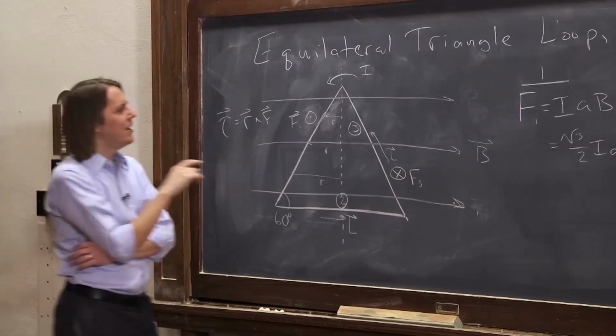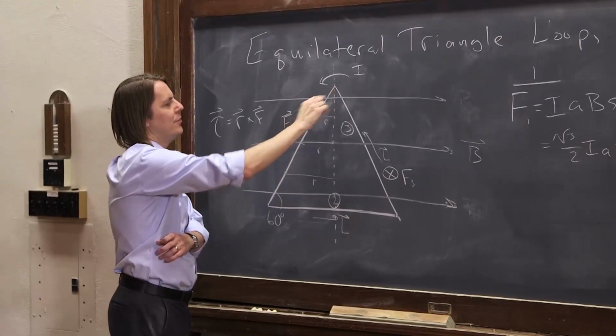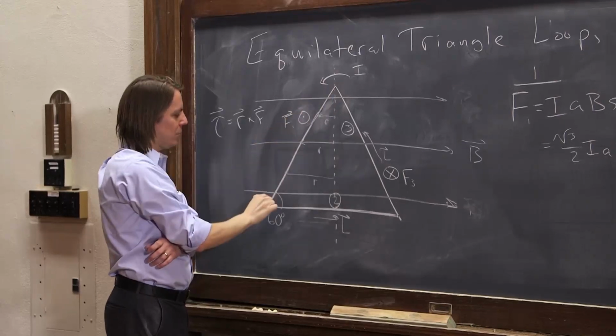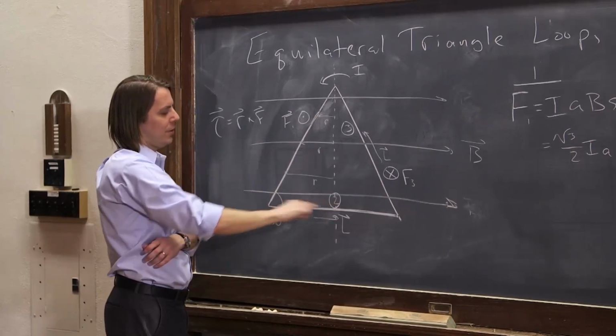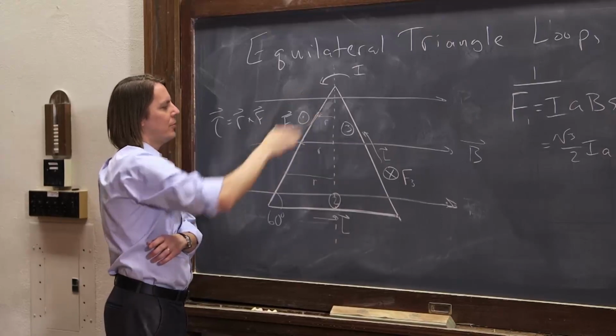But I'm just going to tell you that if we were to add these up and do some sort of an integral, we'd find that if we had the force per unit length, this little piece of force would apply no torque. This little piece of force would apply the maximum torque, that force times this full A over 2. Everything in between is just a linear increase from 0 to some maximum.